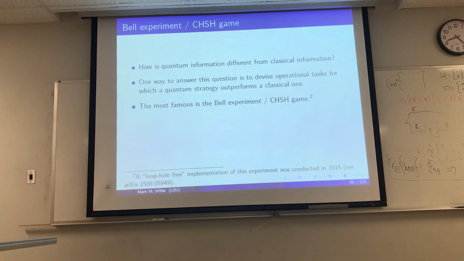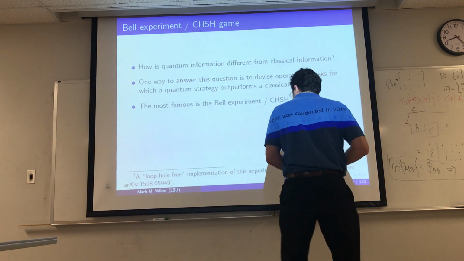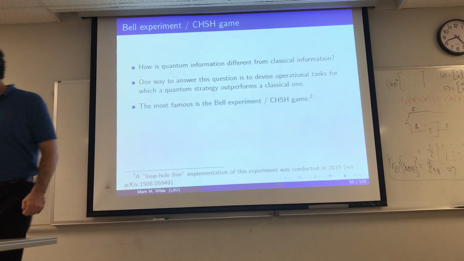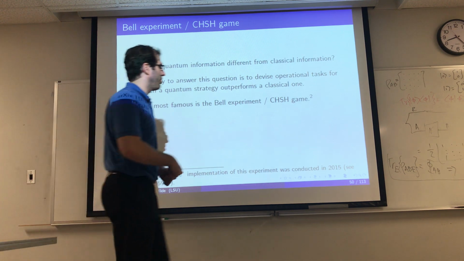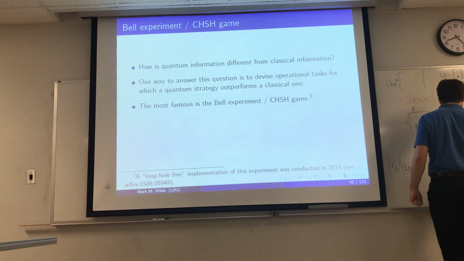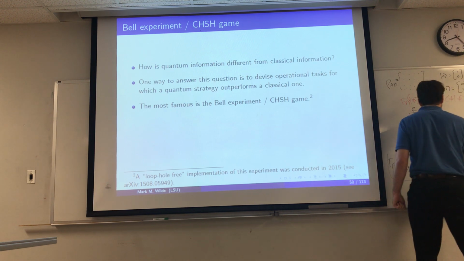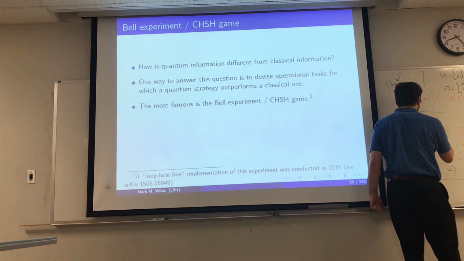Okay. Another loophole is what's called the locality loophole. For the Bell experiment, you need to have two photons, for example. Maybe you have some what's called EPR source, and then it sends something to Alice, and it sends something to Bob, and then you do these polarization measurements.